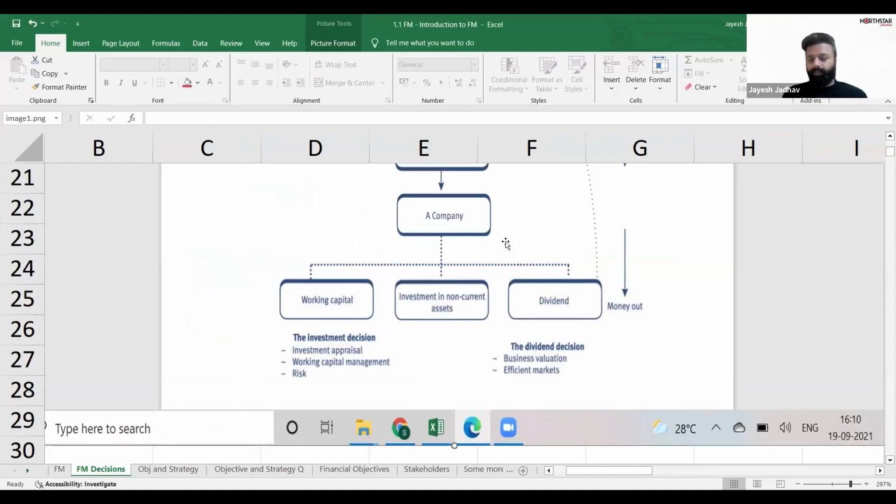Investment decision making will involve investment appraisal. This is basically the first initial stage where you are appraising your projects. When I say appraising your projects, you are evaluating what exactly the overall output is, how much you will need to invest, and what kind of returns you are getting. Are they stable returns? Are they risk-free returns?